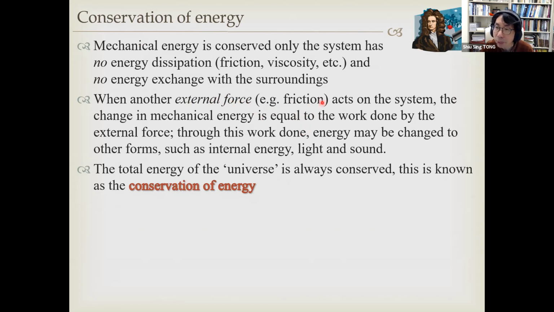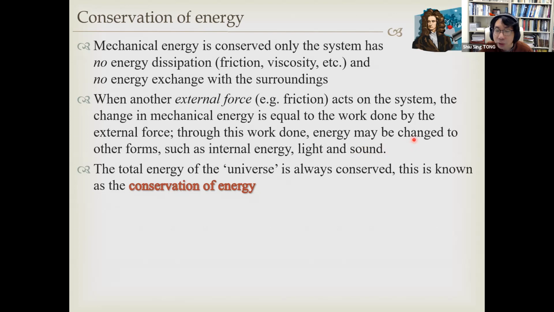If we apply the work-energy theorem again, the frictional force does negative work, because the frictional force is always in the opposite direction to the displacement. Doing negative work on the system means the mechanical energy of the system will decrease. So that means the frictional force dissipates the energy of the system.